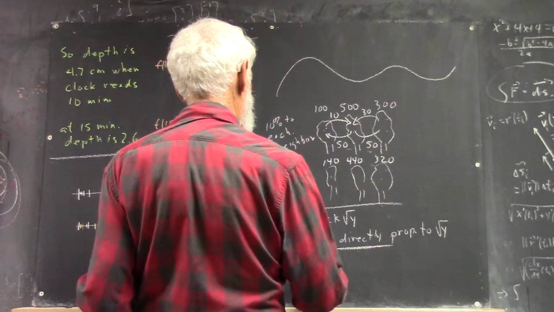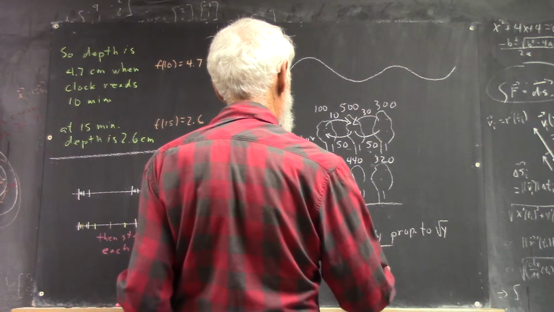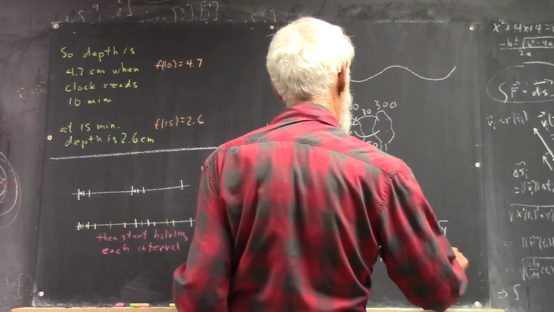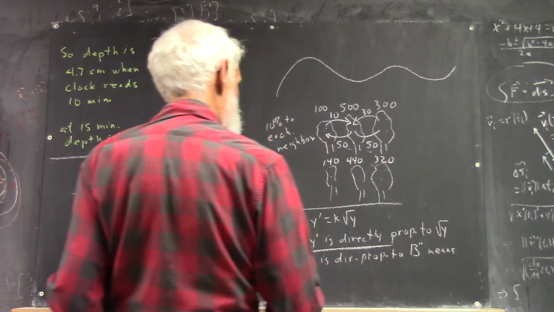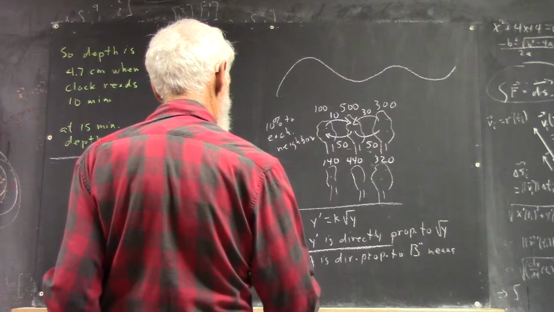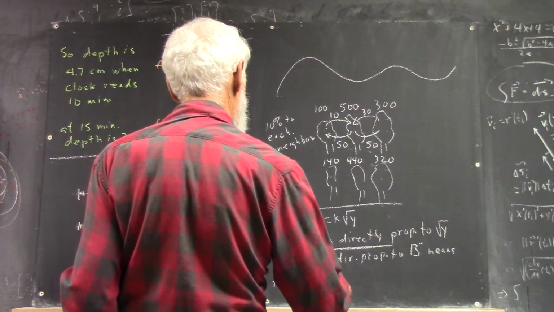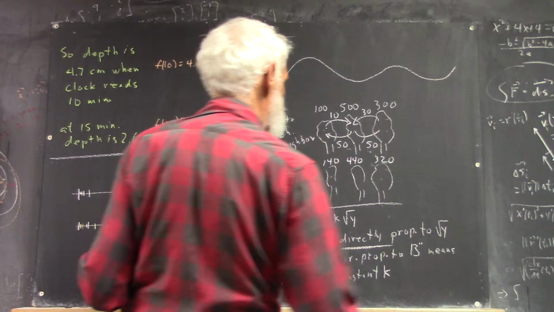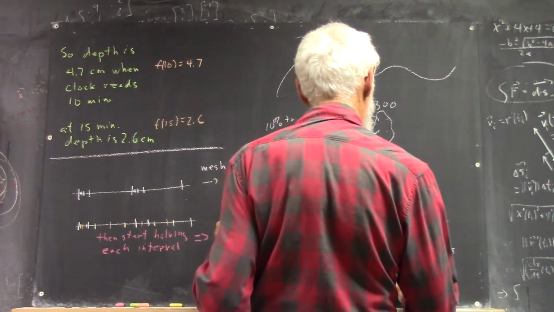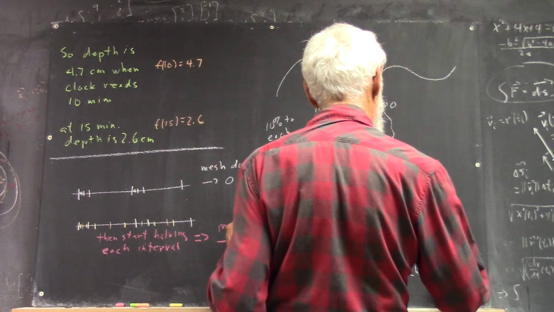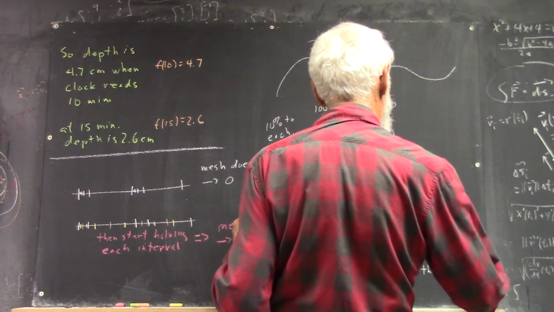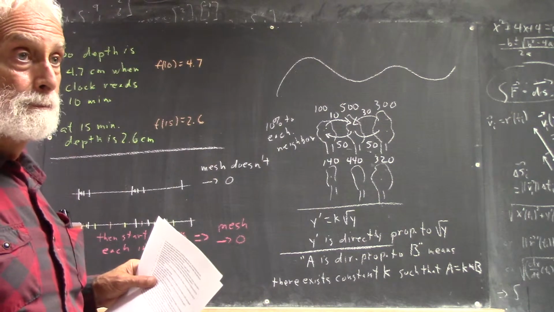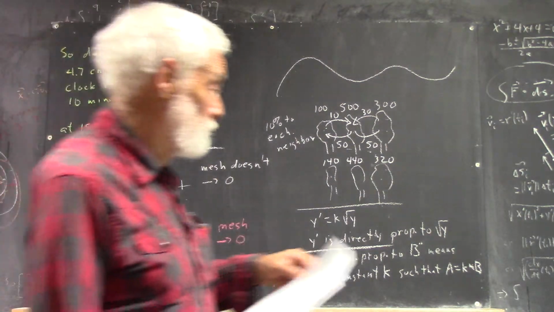I'll say A is directly proportional to B means there exists a constant number k such that A equals k times B. Among other things, if one of these is 0, the other is 0.